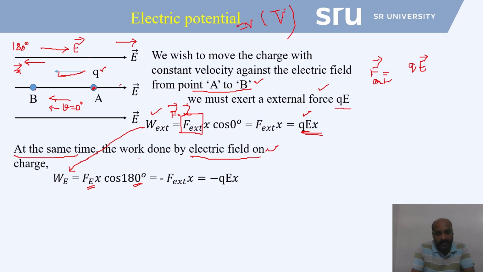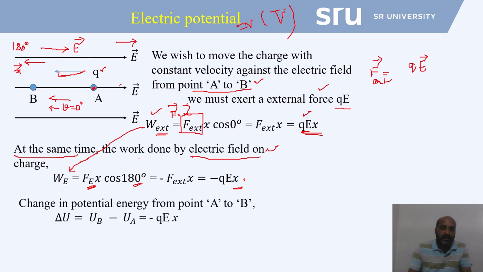So cos 180 is minus 1, giving minus F x, which is minus QEX. So the magnitude is the same. The only difference is whether you are calculating the work done due to the external force or due to the electric field, right?